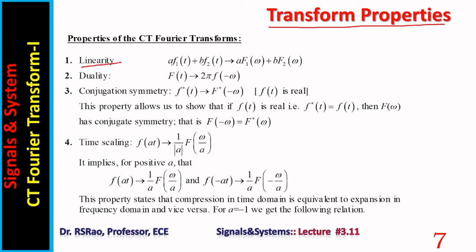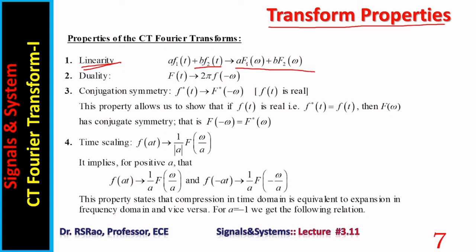First one is linearity. This property says A f1 of t plus B f2 of t gives a Fourier transform which is A F1 of omega plus B F2 of omega.